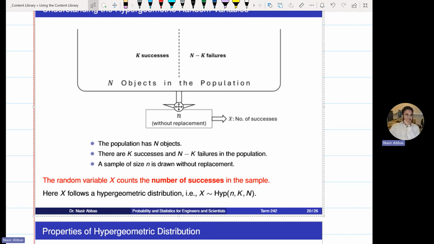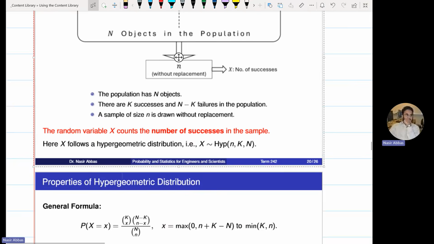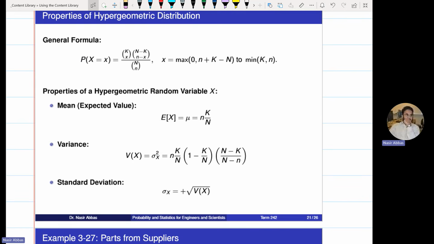If this scenario is satisfied, your X will not be binomial. It will be hypergeometric. If you are able to recognize that X has a hypergeometric distribution and you know those 3 numbers, small n, capital K, capital N, the remaining thing is to just plug in and get the answer.